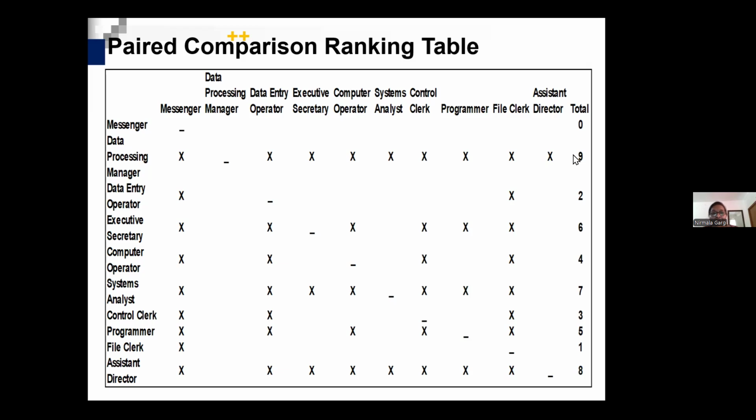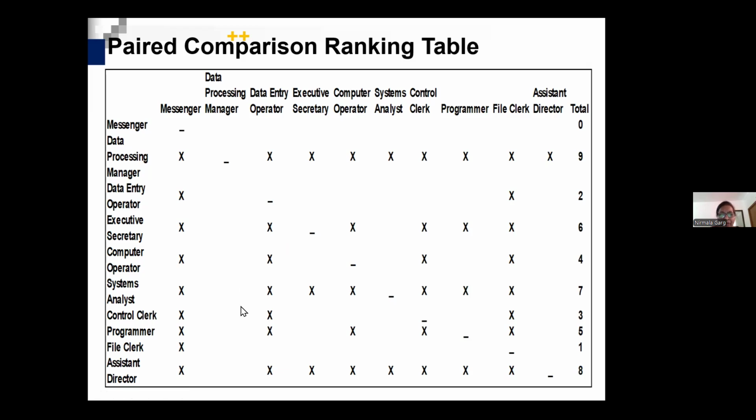Any idea? So typically, what do we do then? We start clustering, or what we call the cluster analysis technique. So we will group together jobs of similar nature.